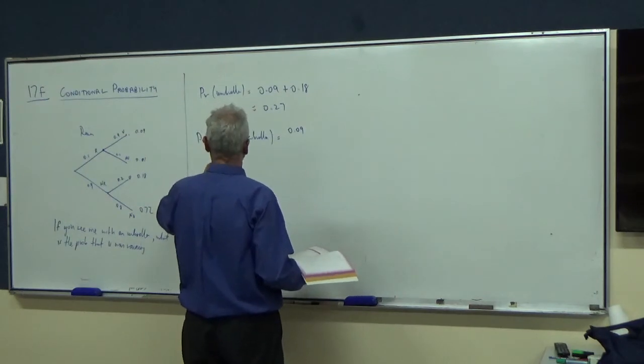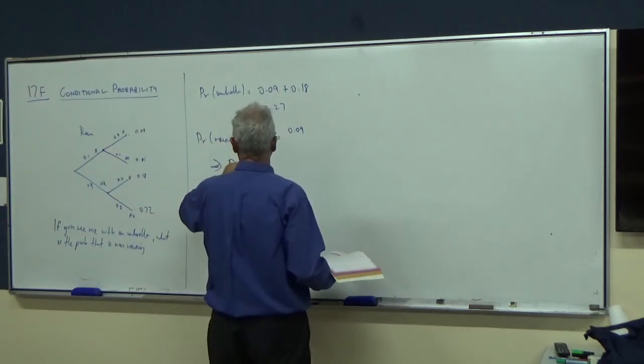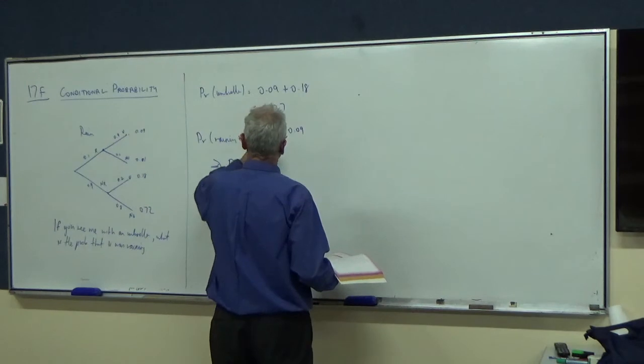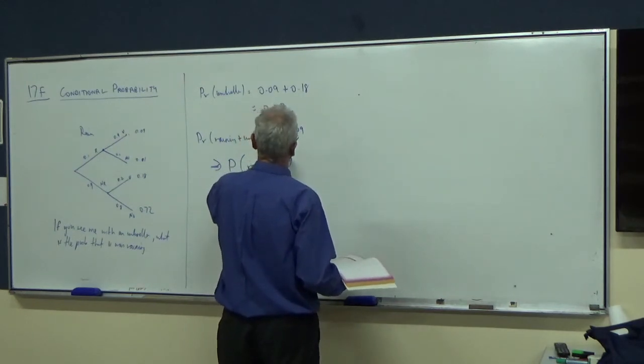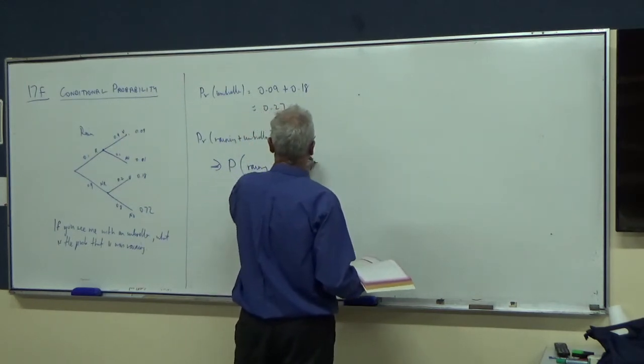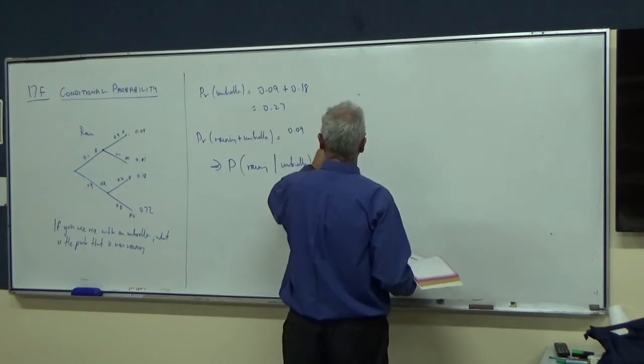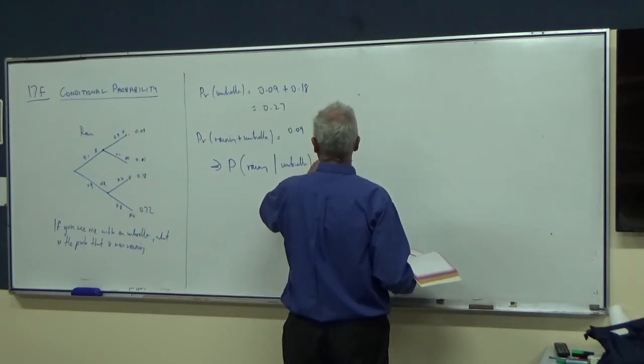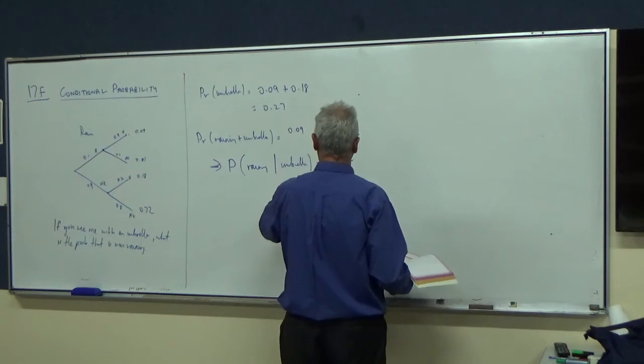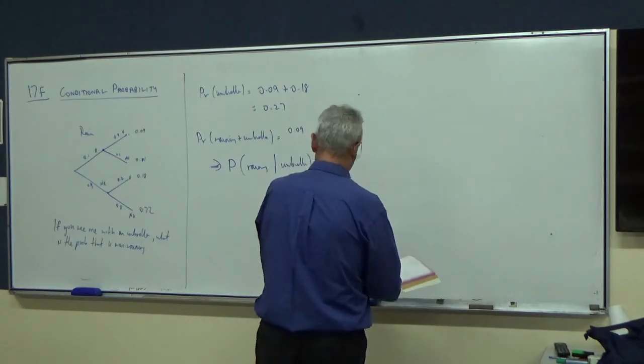Therefore, the probability of raining given umbrella equals 0.09 over 0.27, which equals 1/3. Hopefully that's what we want.